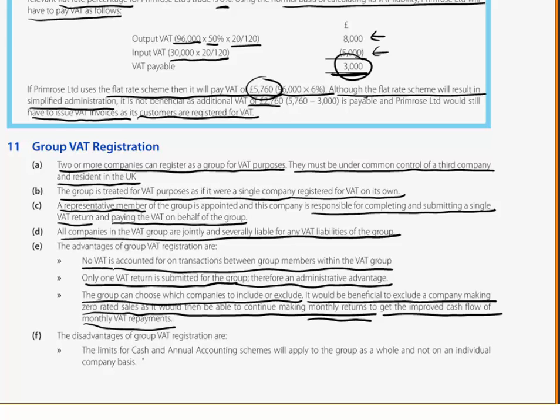Disadvantages? Well, limits for cash and annual accounting schemes that we've just been talking about will apply to the group as a whole rather than to the individual companies, and that therefore may make it less likely that we would be able to use, in terms of any of those businesses, either the cash or annual accounting schemes.